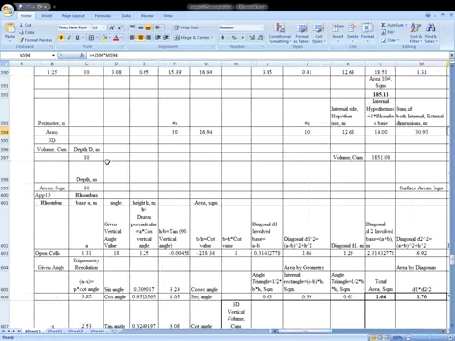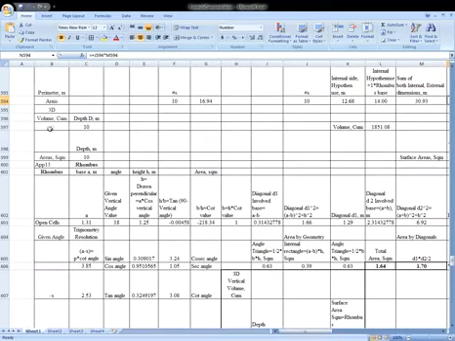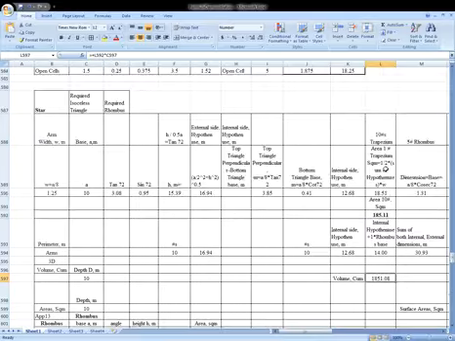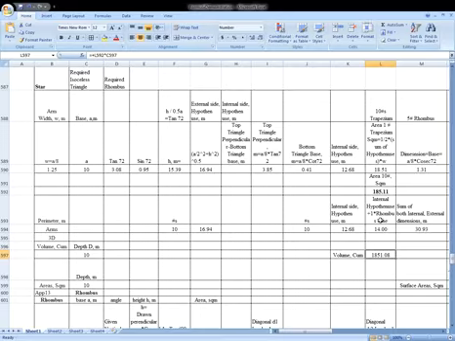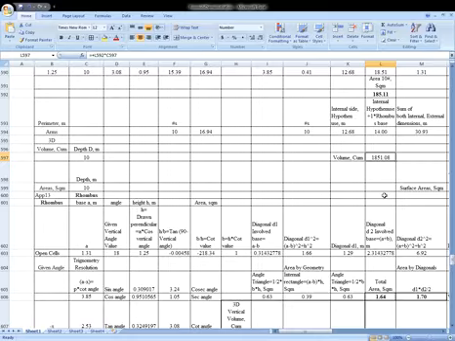Now 3D, we have to find volume and surface areas. So volume is, with 10 meter height, let's say, we multiply and get this one.